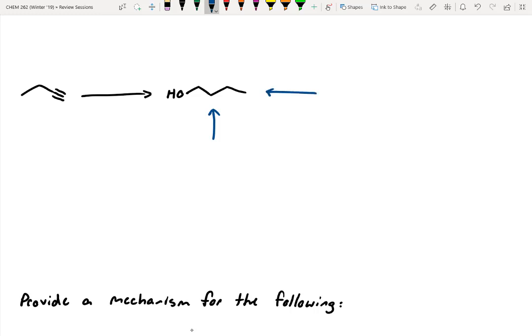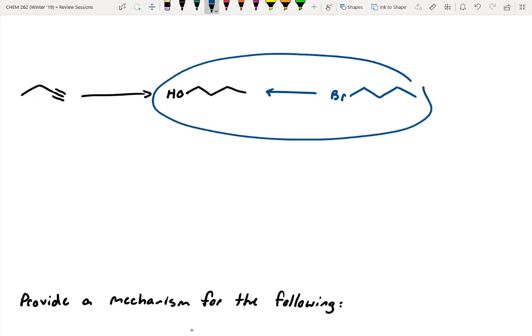All right, so let's think about it this way. We could have bromine like this. So ignore this one right now. How could we do this transformation going from the right to the left? Think back to last term. Substitution. What would our nucleophile need to be?